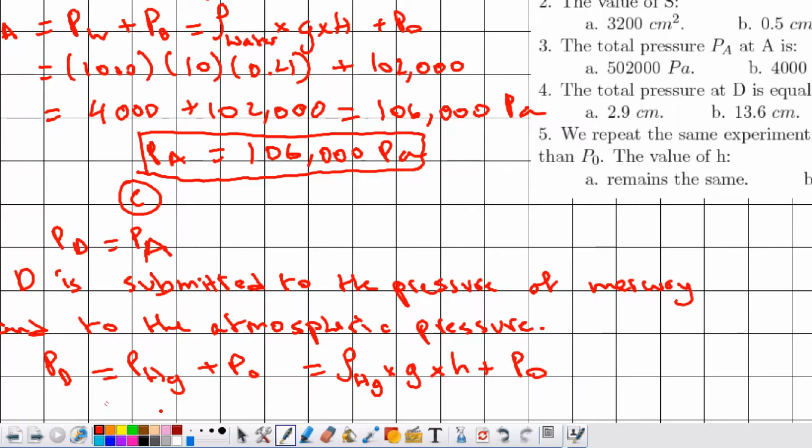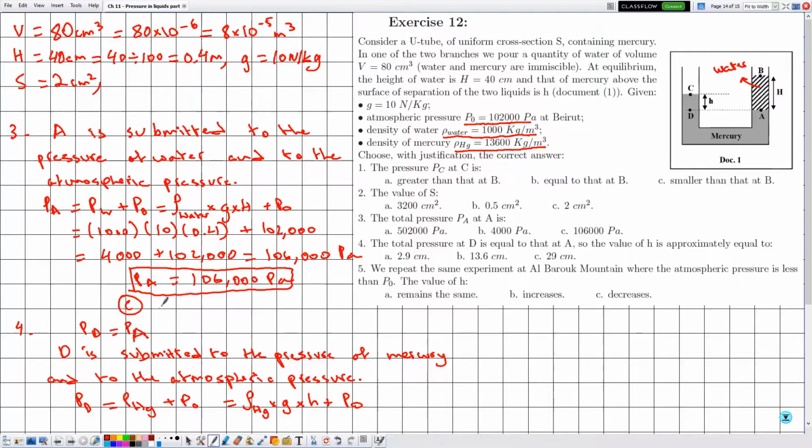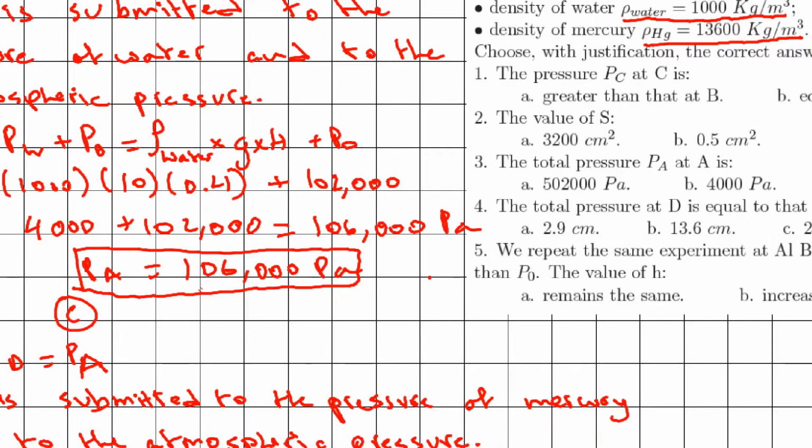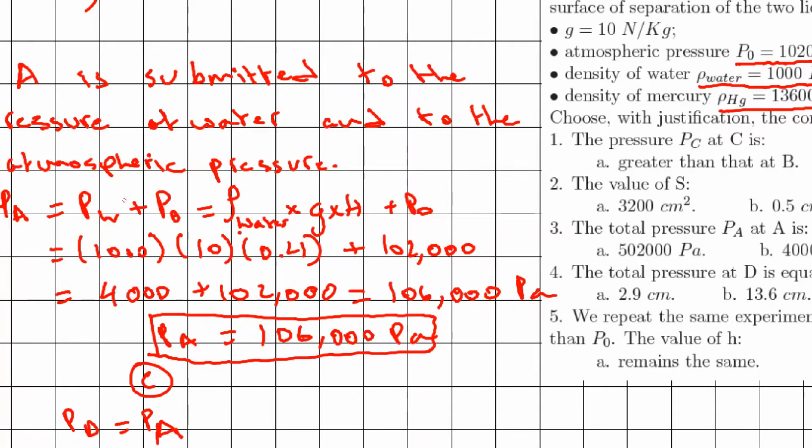So now this quantity H appears in the expression of the total pressure at the point D. And we also determined the value of PA, which is 106,000 Pascal. So now we have that PD is equal to PA. Now the expression of PA is given by this, instead of replacing this.